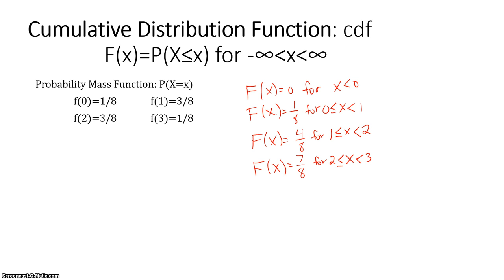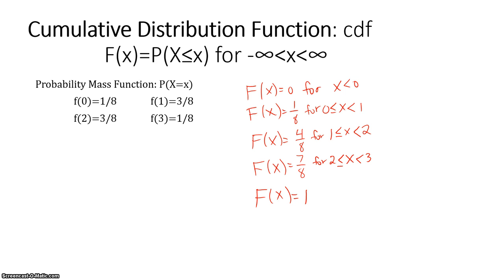And finally, when we get to 3, our big F of x is going to increase again, this time by 1/8 up to 1, and it's going to stay there because we know that f of x is 0 for everything greater than 3.